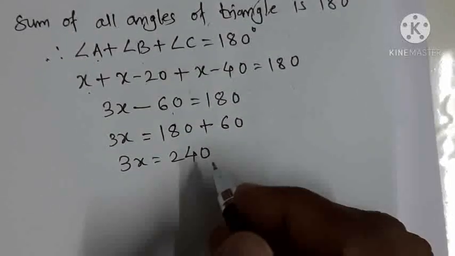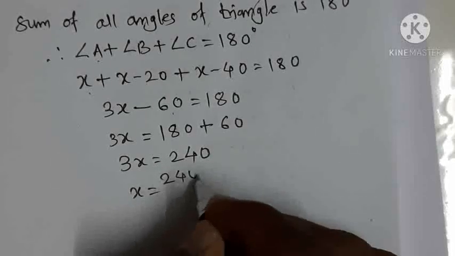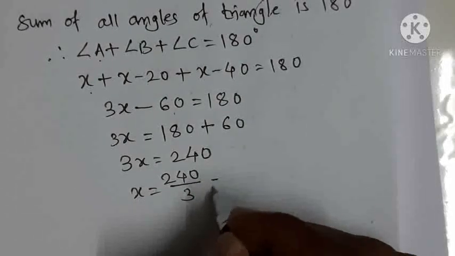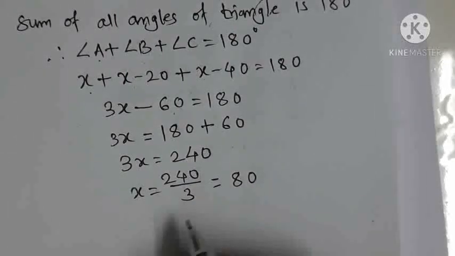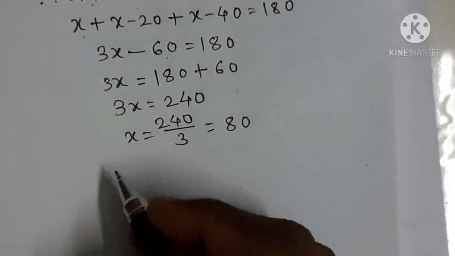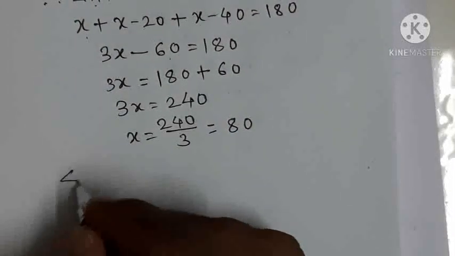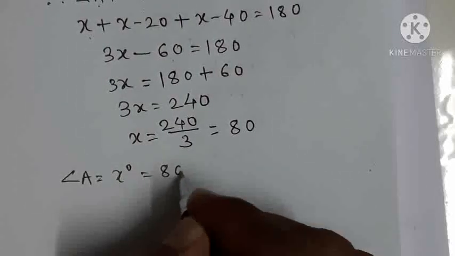Find the value of x. From this, find the value of x. x is equal to 240 divided by 3. Therefore x is equal to 80. 3 eights are 24, that is 80. Therefore now find the value of each angle. Angle A is equal to x degrees, which is equal to 80 degrees.